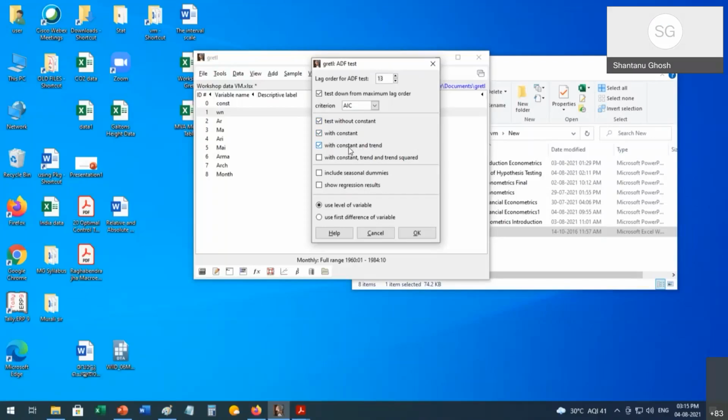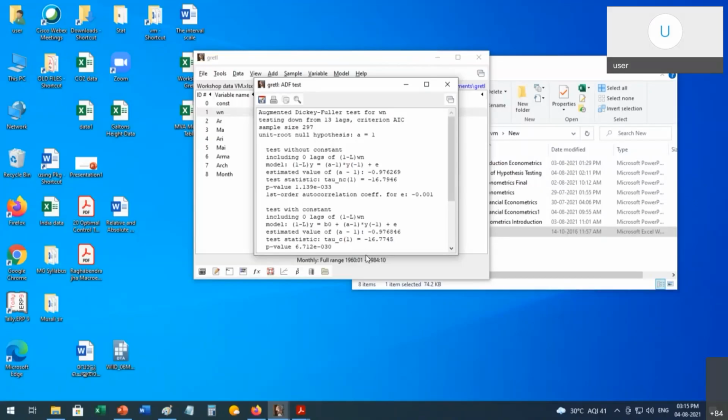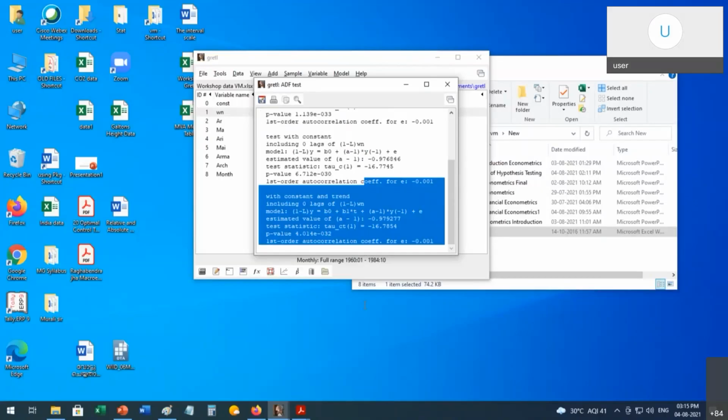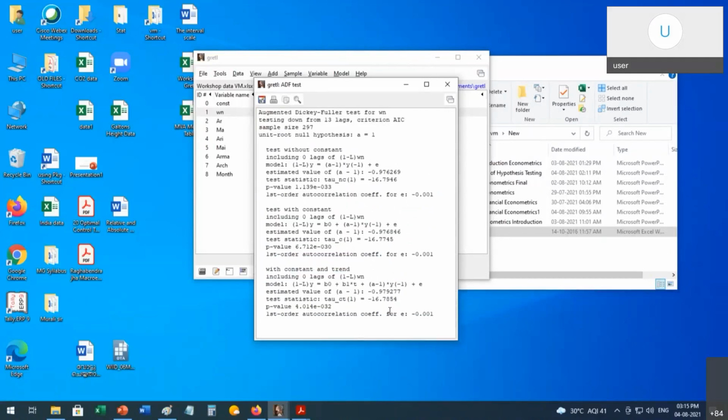Yeah, right. So now let us click this OK. Click OK and we get the result. So the null hypothesis is given, that is a equals 1.